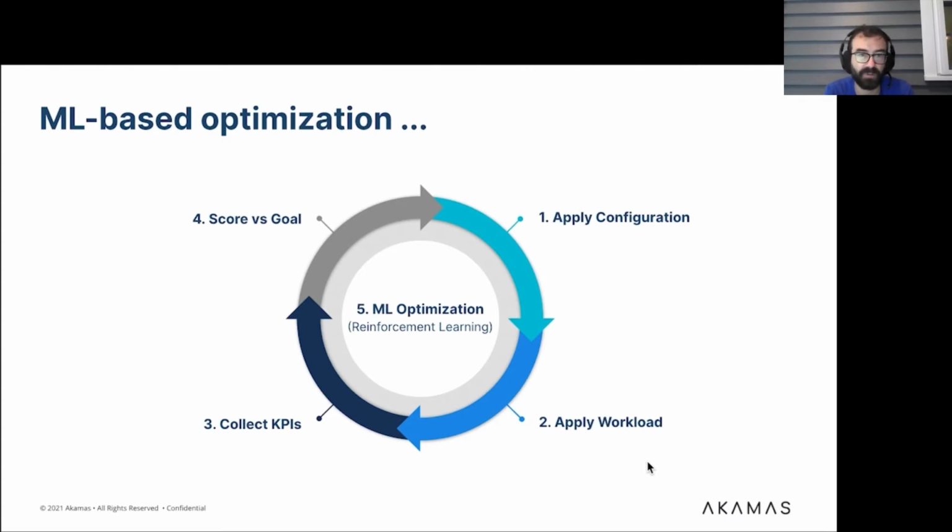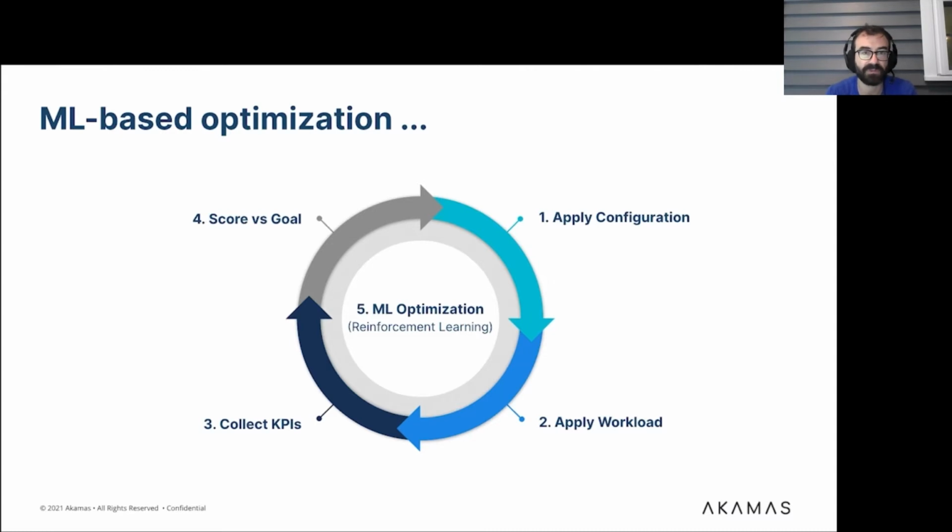The first step is to apply a configuration to the target of the optimization. The second step is to apply a workload to the target so as to assess the impact of the applied configuration. The third step is to collect KPIs related to the target system. That is information, data, and metrics about the behavior of the system under the workload.